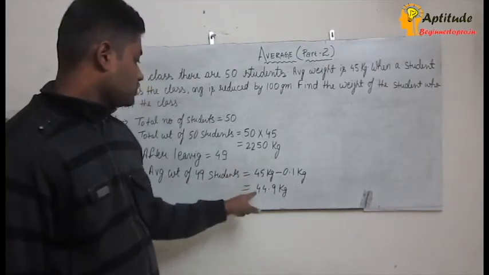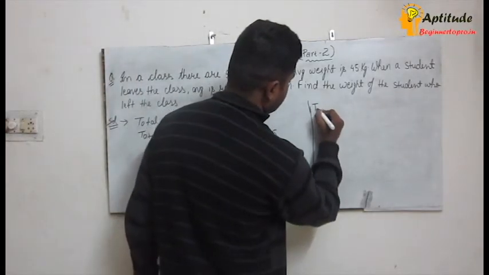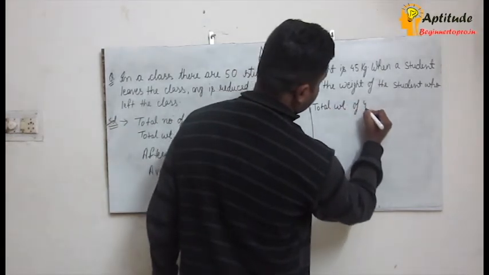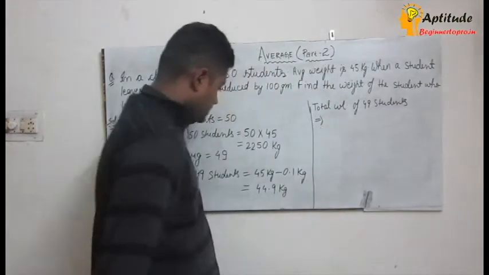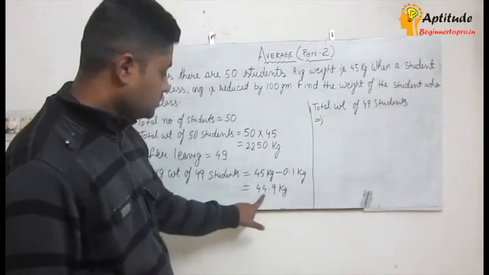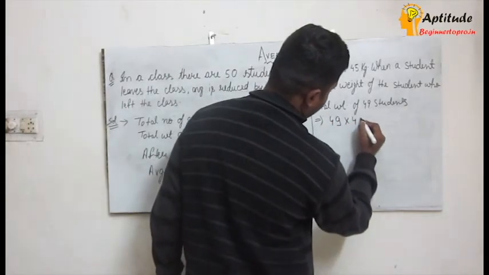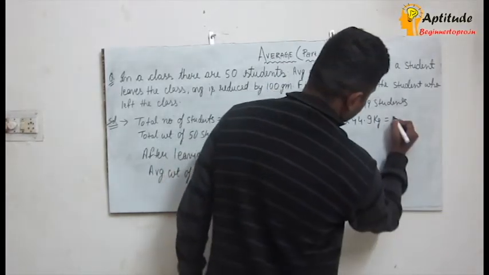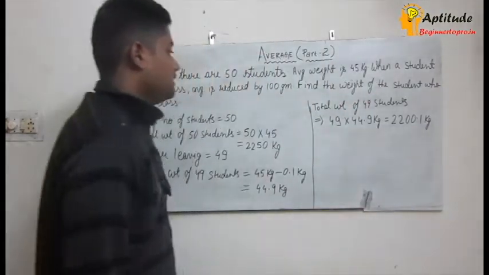So what will be the total weight of 49 students? Total weight of 49 students is nothing but 49 into average weight, 49 into 44.9 kg, which equals 2200.1 kg.